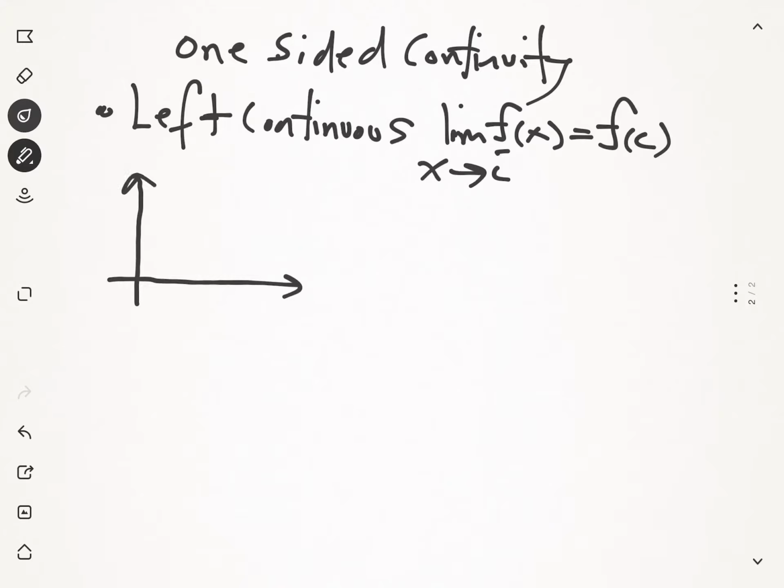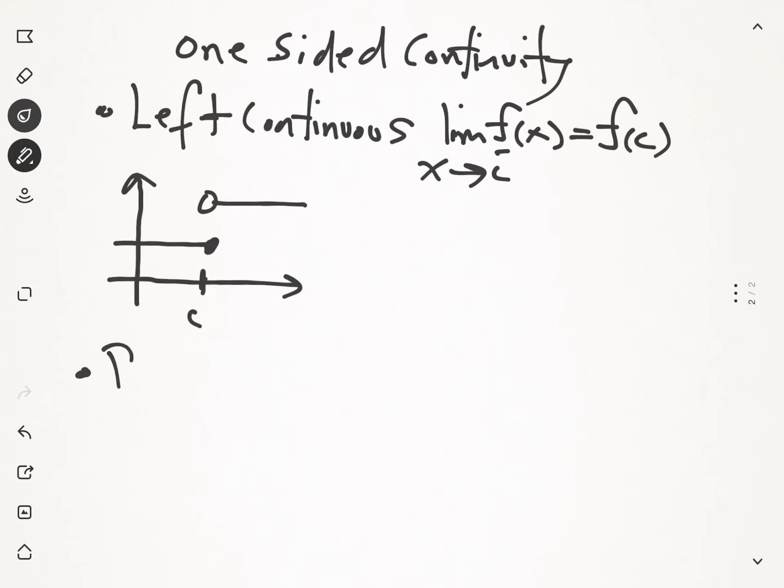So here is left continuity. That's left continuous, and you can see where it's defined from the left side. And this is c.